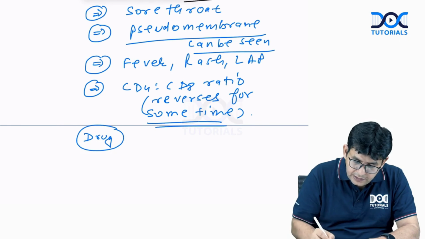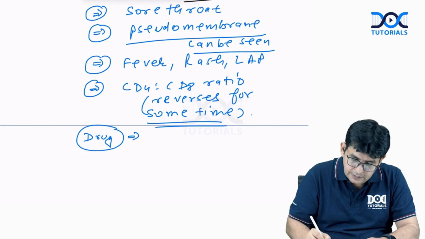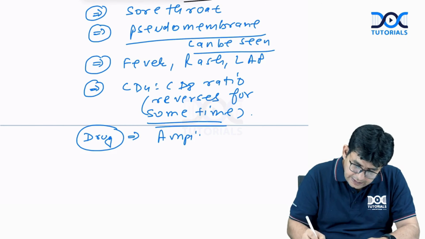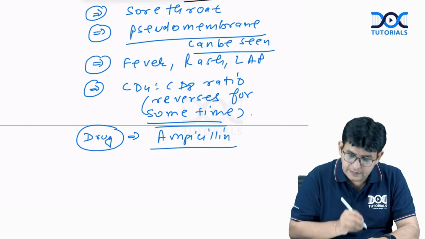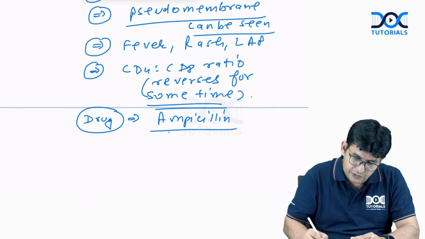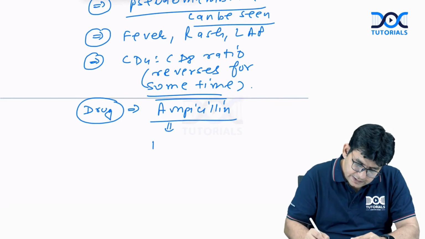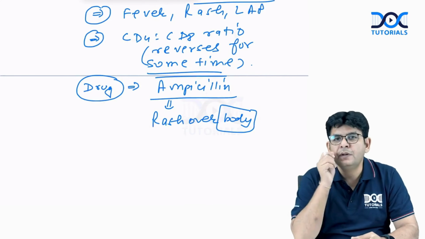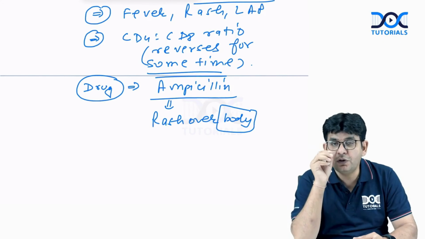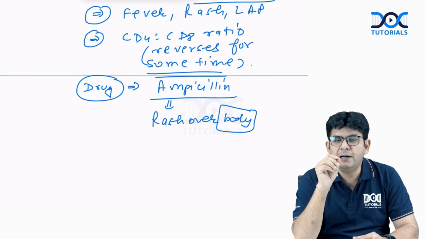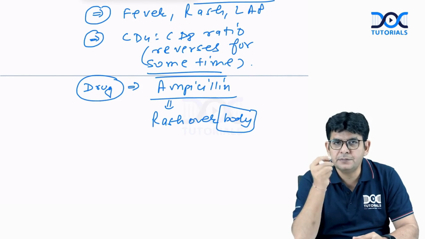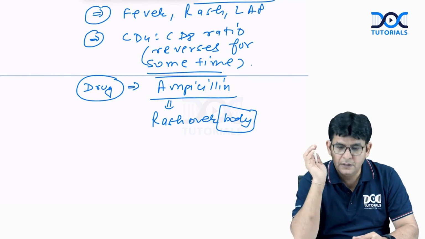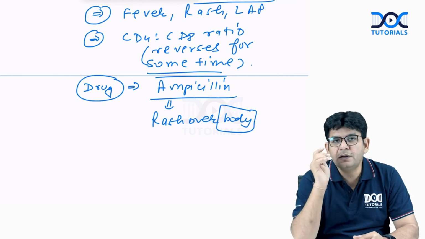And as a doctor, you give ampicillin-like drug for this sore throat. You observe after this the rashes over the body in the patient. So this type of question can also come in the form of a case scenario: a young male or female comes to the doctor with a sore throat.